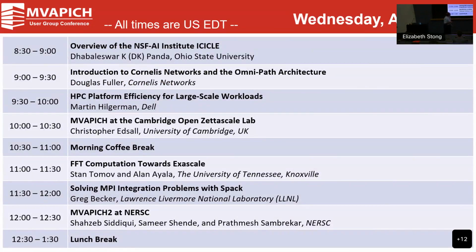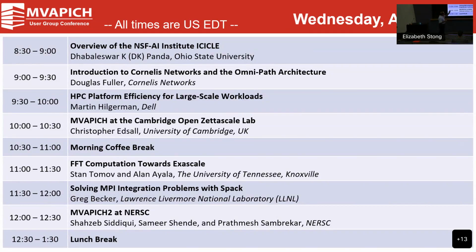After that, we'll have Doug Fuller from Cornelis Network presenting an introduction to Cornelis Network and the Omnipath architecture. Then Martin from Dell presents HPC platform efficiency for large-scale workloads. Christopher from University of Cambridge presents MVAPICH at the Cambridge Open Datascale Lab.